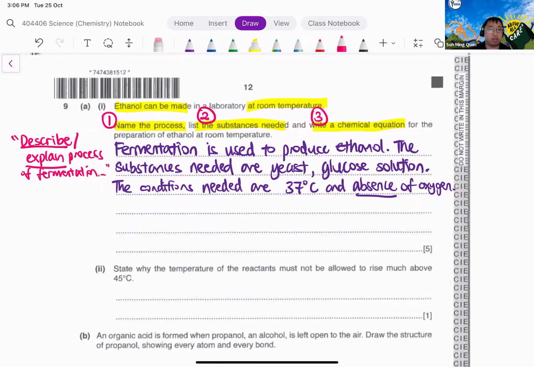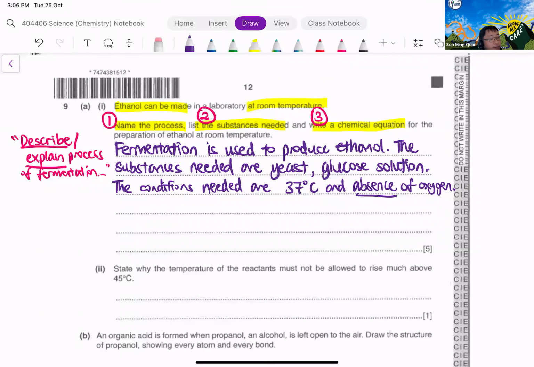Why 37 degrees? Why absence of oxygen? How come the yield of ethanol is only 15% at the end? Because ethanol in high concentrations will kill the yeast. So that's called description, that's called explanation. But this question doesn't need that. They are not requiring you to do that. So learning to read the keywords in a question is very important.